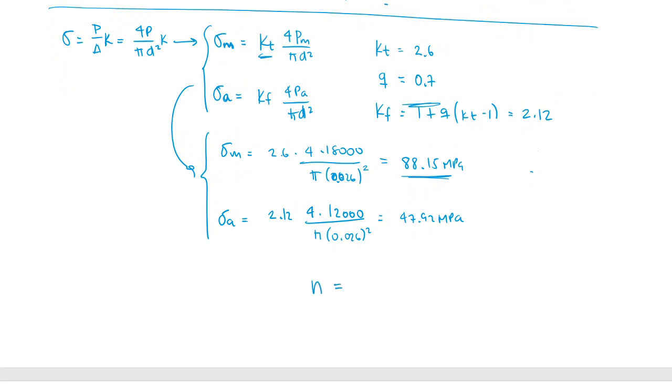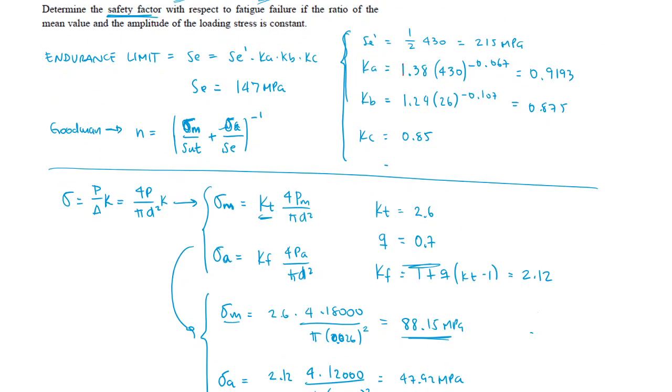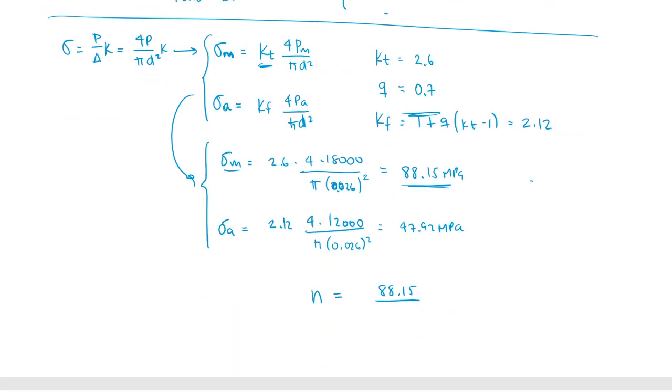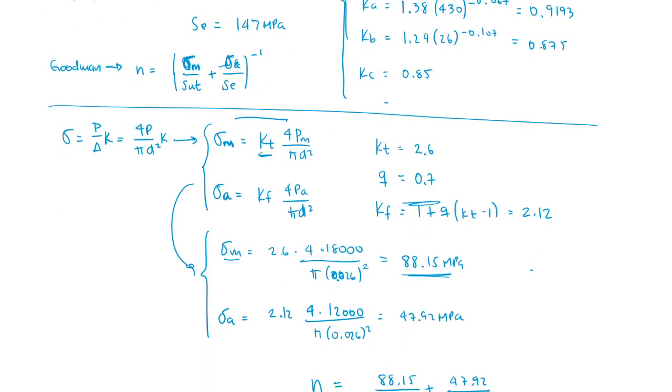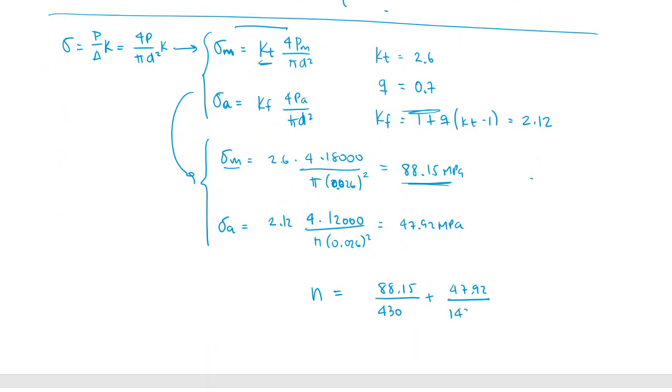And n for Goodman would be 88.15, which is the mean, divided by my SUT, which is 430, plus 47.92, which is the alternating, compared to my SE, which is 147, all to the power of minus 1, and that gives me a factor of safety of 1.88. Done.